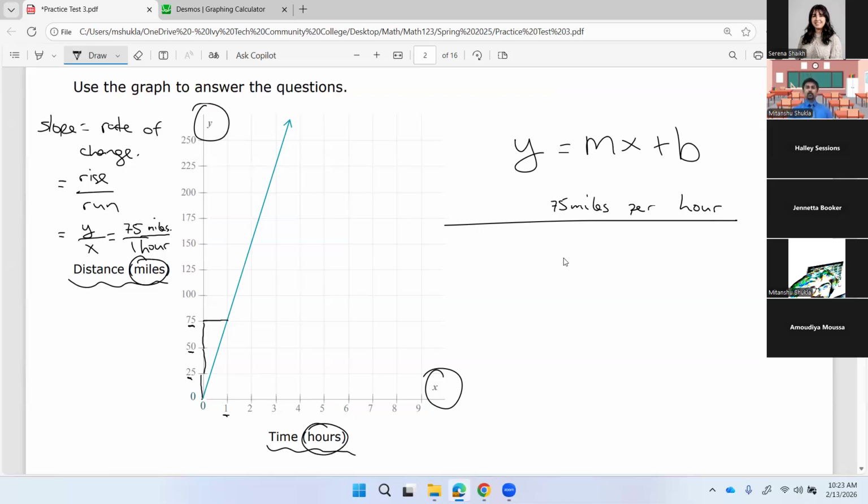Any comments? Yeah, what's up? Can you explain this again real quick, the whole thing? Because I was trying to write down the rise over the run, which is basically the y over x, because the y-axis is going to rise and fall, and the x-axis is going to run left to right.